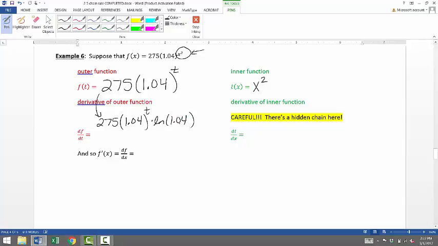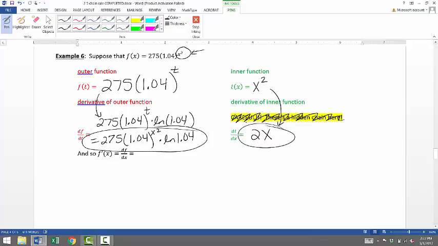And remember, we always need to replace t with the expression for t. So that's 275 times 1.04 to the x squared times ln 1.04. And we have to find the derivative of the inner function. There's no hidden chain here. The derivative of the inner function is just 2x. So we have the derivative of the outer, and we have the derivative of the inner.